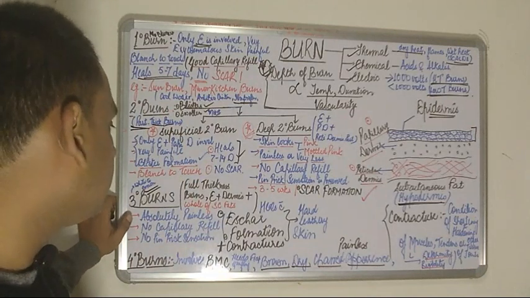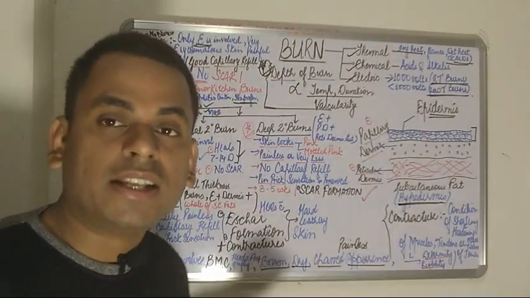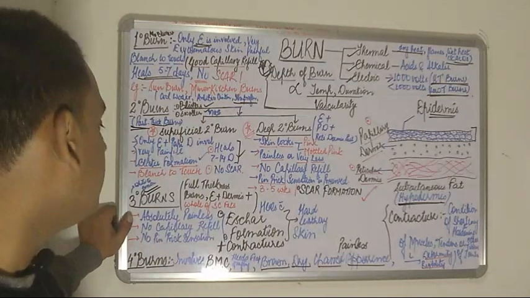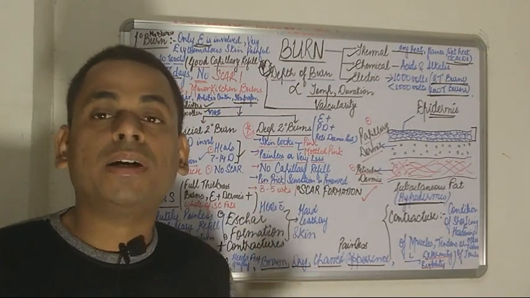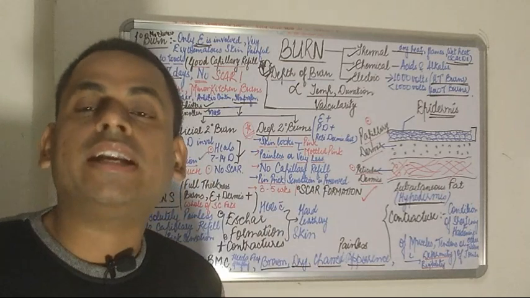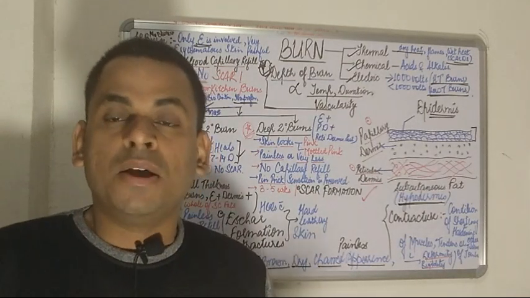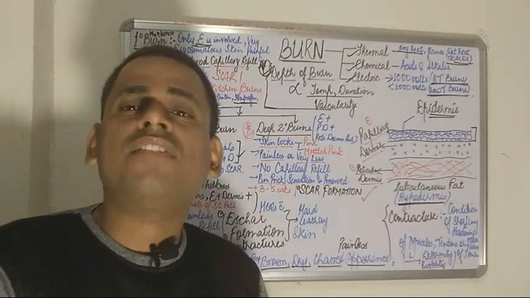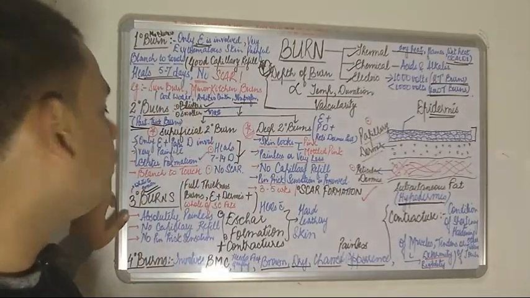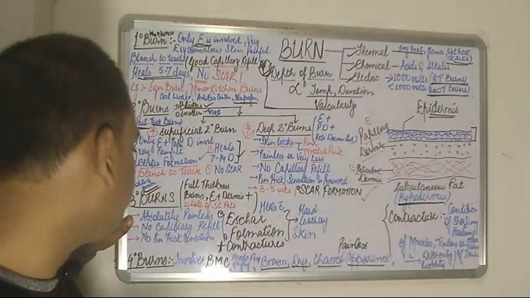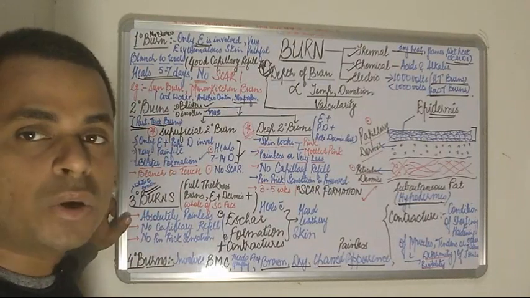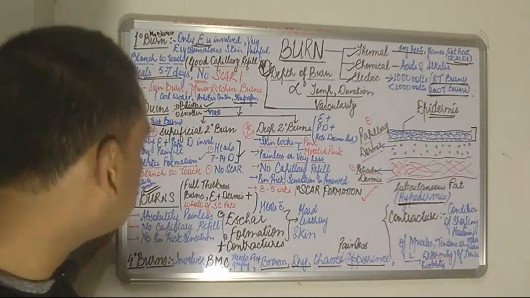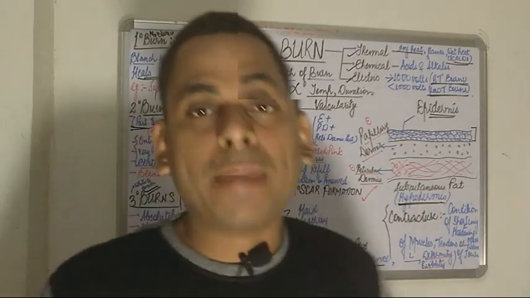Moving on to the important clinical findings in the 3-degree burns, students, do remember that a 3-degree burn is absolutely painless, because the nerves have been entirely damaged, and there is no nerve supply, the nerve endings are all destroyed. So the 3-degree burns, the full thickness burns, are absolutely painless.